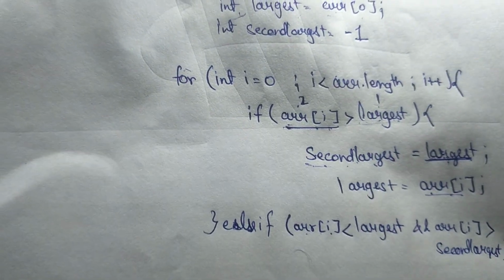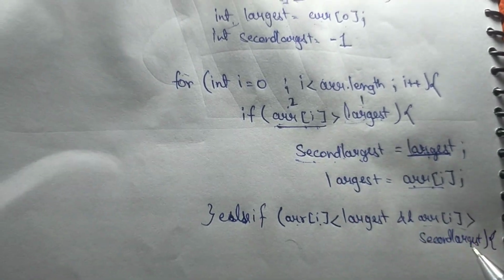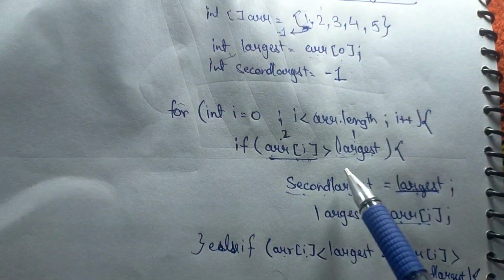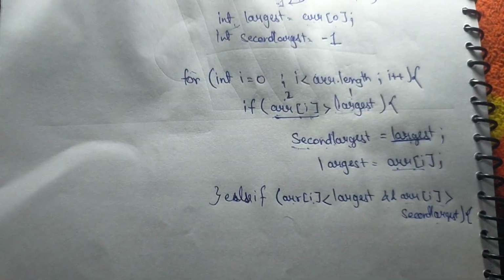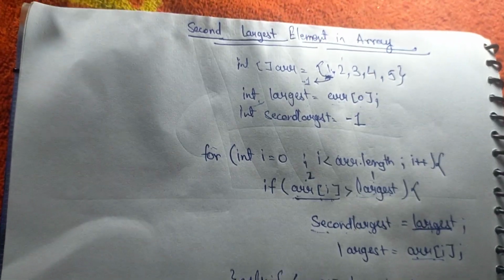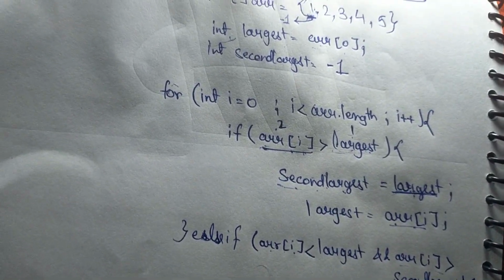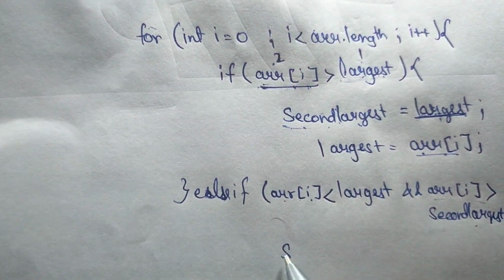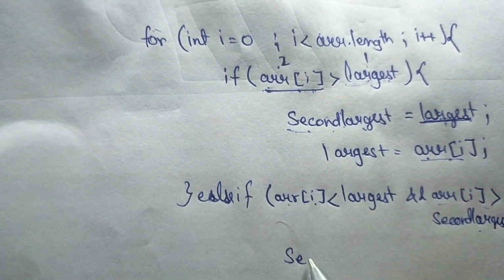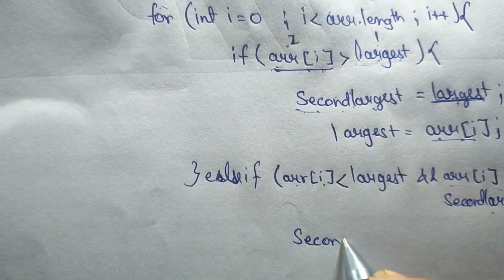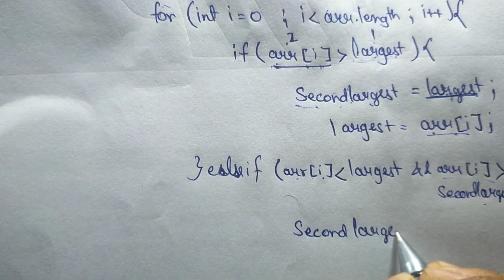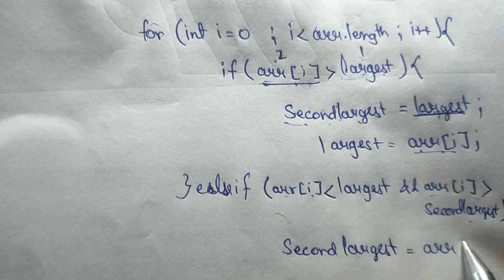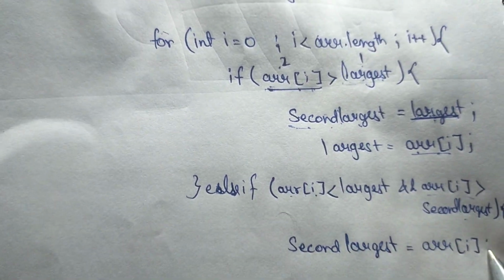It will also work if the array of i is larger than the second largest. Say I am entering 2 and my second largest is 1 and the largest is 2; the array of i is larger than the second largest. So in that condition, we assign array of i directly to our second largest.